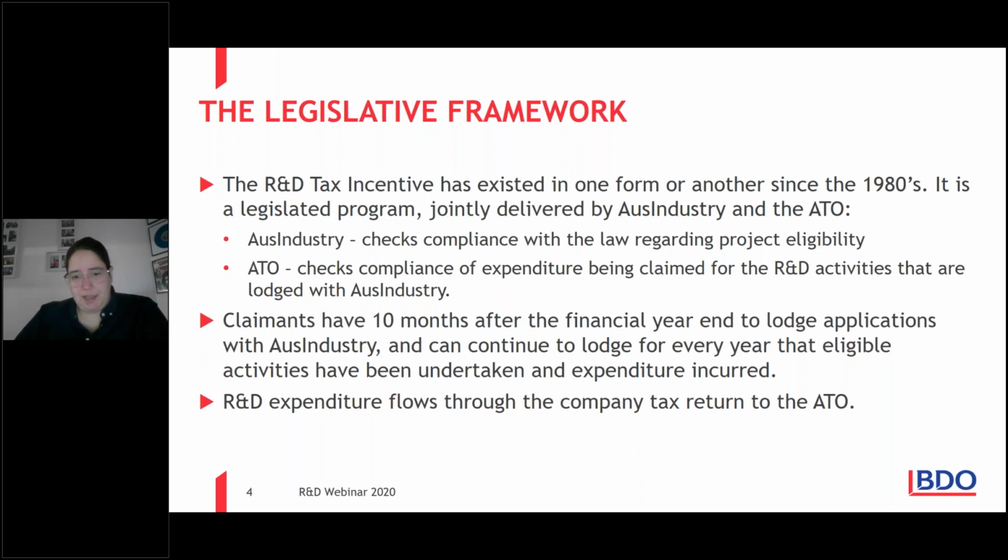Those lodgements have now been given an extension until 30th of September 2020, which is handy. And you can keep lodging each year that you've got eligible activities, eligible expenditure. And then the expenditure side of it goes into the company tax return and the ATO will process your benefit.